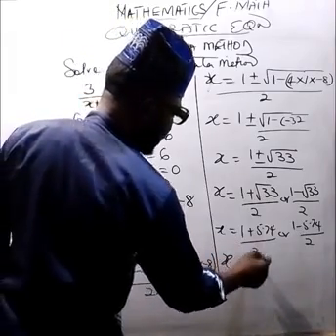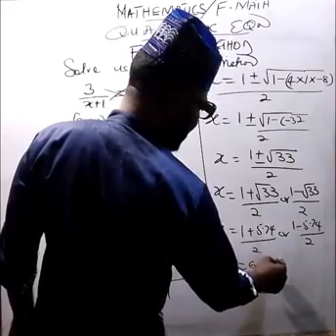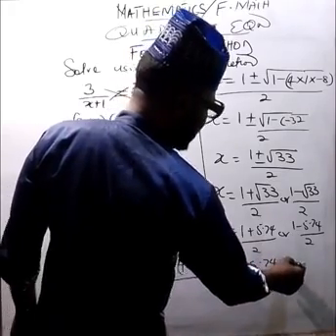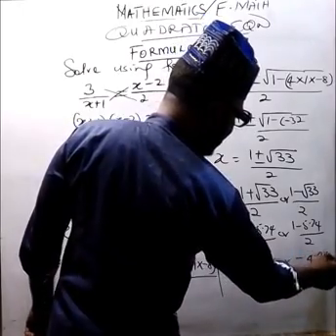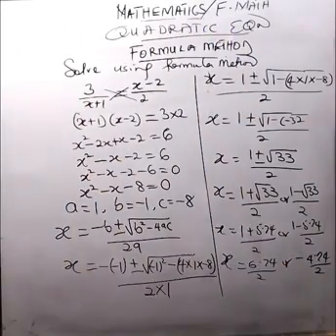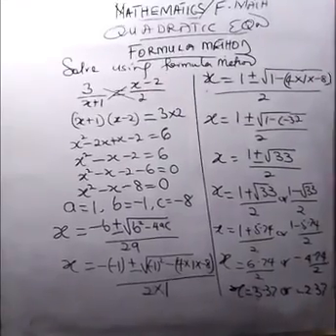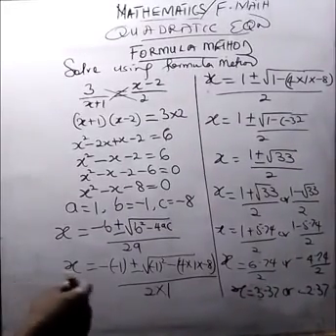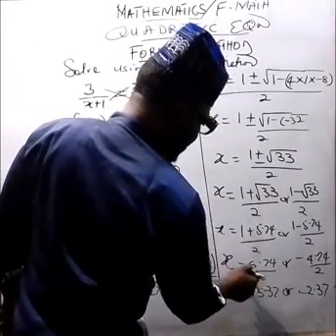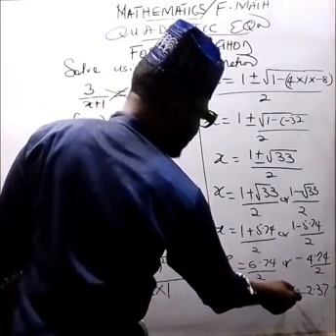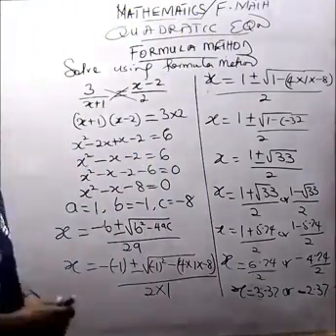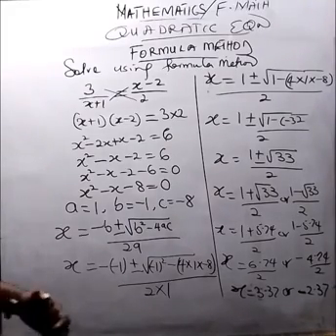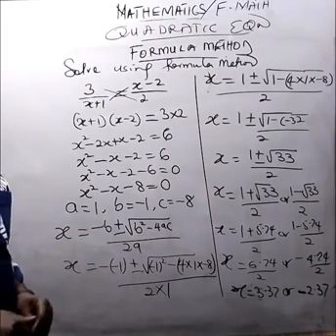So x is going to be equal to 6.74 over 2, or minus 4.74 over 2. Now dividing the values, x is equal to 3.37 or minus 2.37. That is approximately the value of x that we get there.